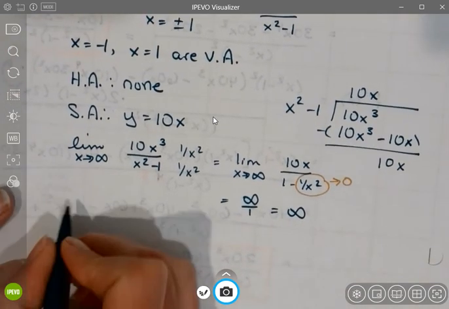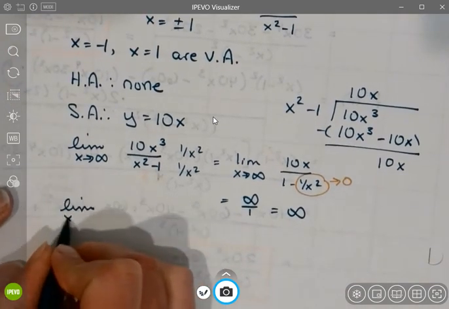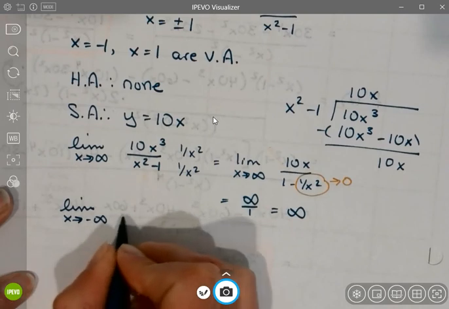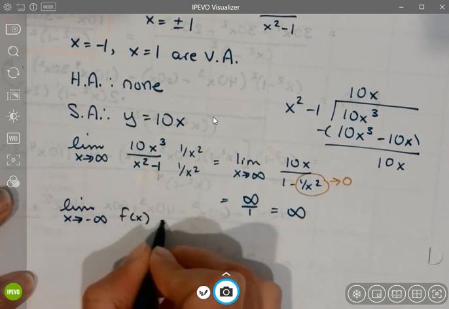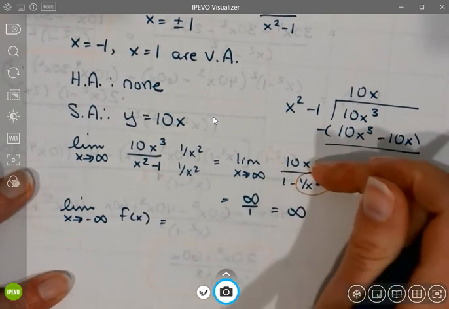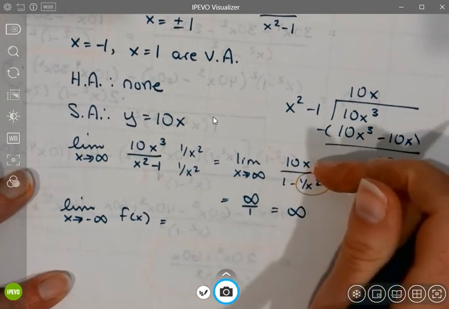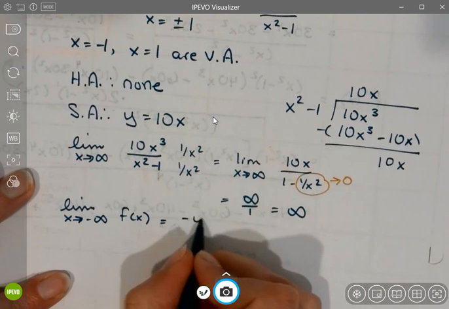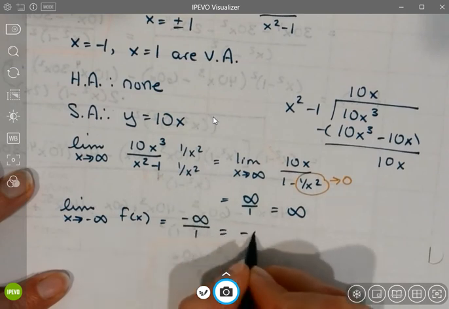If I plug in a negative infinity instead, then as x goes to negative infinity, just write down f of x, we don't need to write down the work. It's still going to be that same ratio, but I'm going to plug a negative infinity in there instead. So a negative infinity on the top over that 1 in the bottom is going to go to negative infinity.